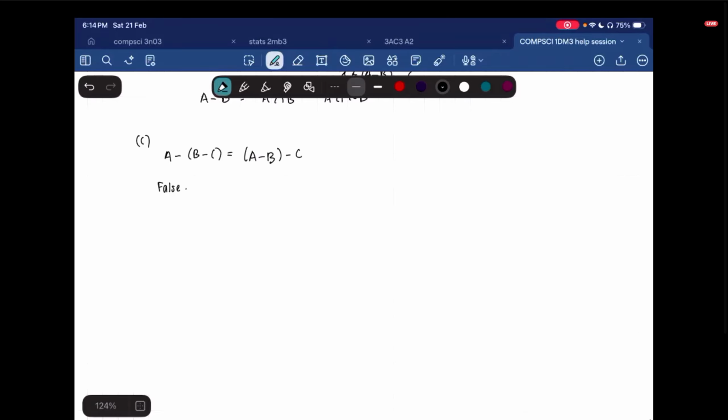And I can let my counterexample be, okay, we'll let A equal to {1, 2}, B equal to {1}, and C also equal to {1}.